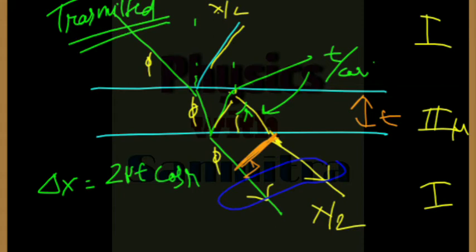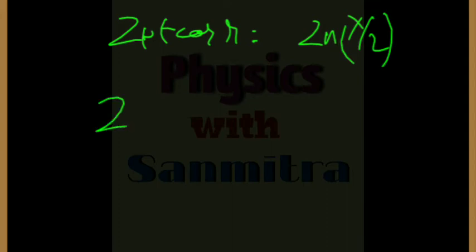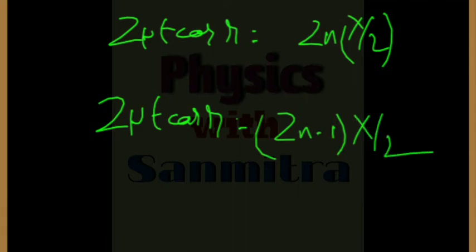So exactly this is what I wanted to say here. For transmitted you will find similarly that 2 mu t cos r equals 2n lambda by 2 for bright, and 2 mu t cos r equals odd multiples of lambda by 2 for dark.